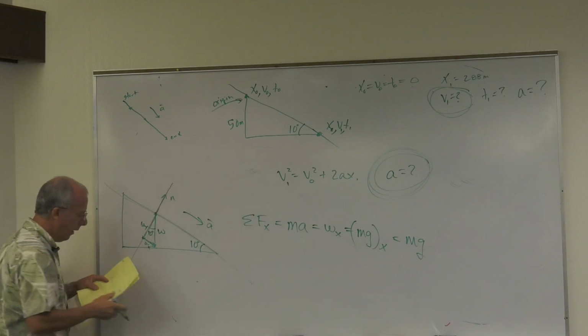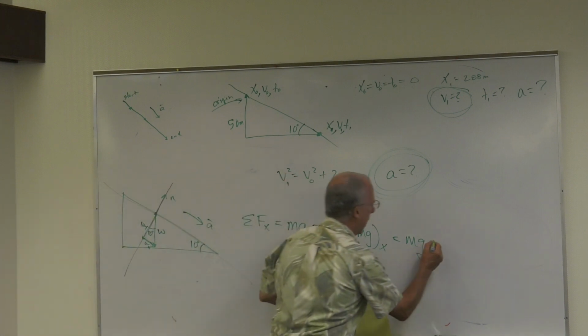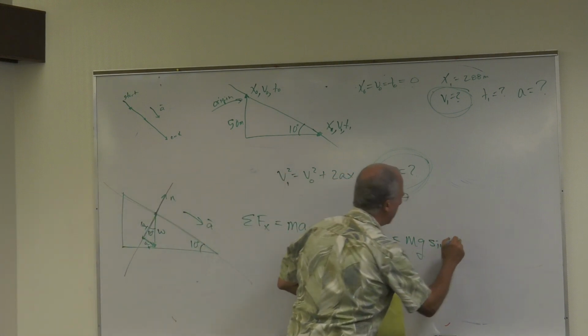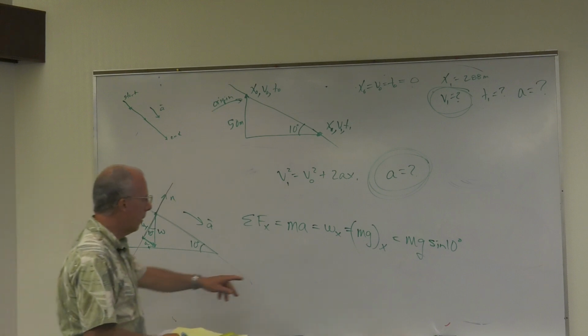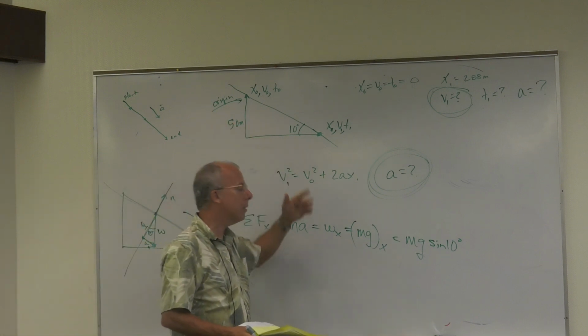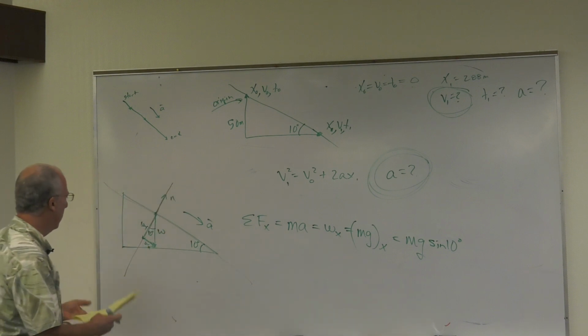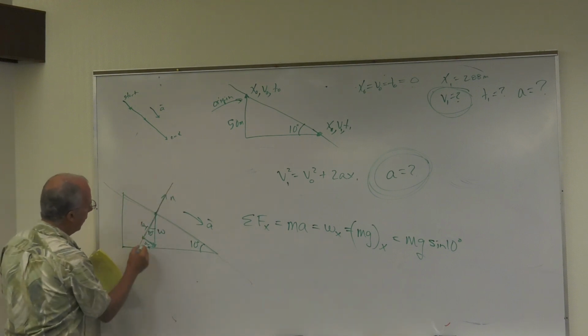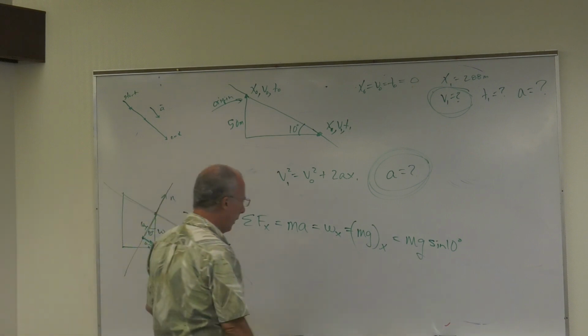Sine theta, right? Sine 10. Now this is cool, because again, we talked about this before. A lot of people, when they see a Wx, automatically think it's cosine. Well, it's not. You've got to analyze every problem individually. So we want the x component of the weight. That's sine theta. Okay? All right.